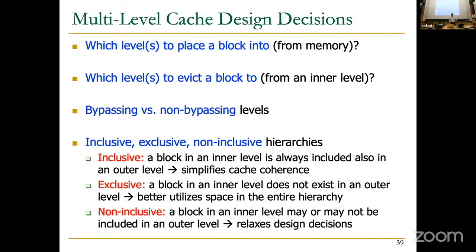In an inclusive hierarchy, you need to ensure that every other outer cache has it. In a non-inclusive hierarchy, you don't need to care. You can basically bring some data and some other cache may also have it, fine. As long as you keep it coherent and consistent, no problem, right? So, okay, there's more to talk about in this design decision also, but I gave you the basics, hopefully. But now you can see other dimensions also, right, when you go to multiple levels.